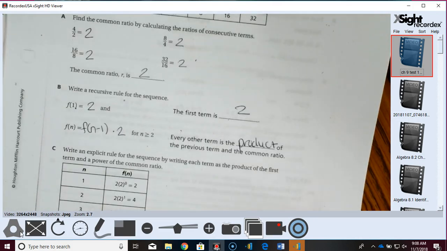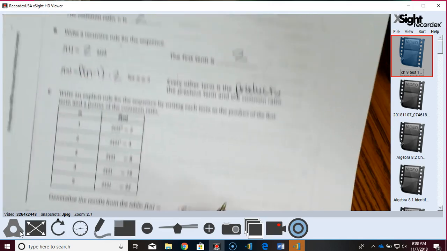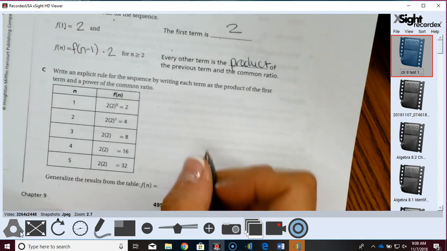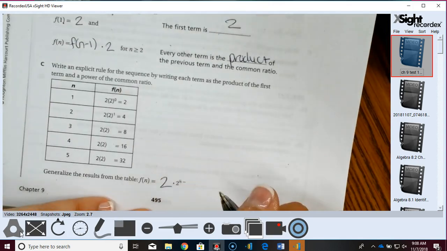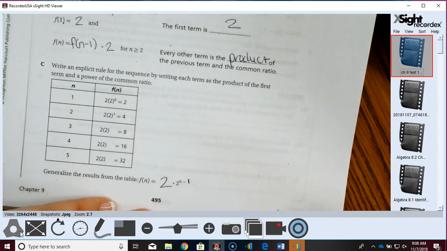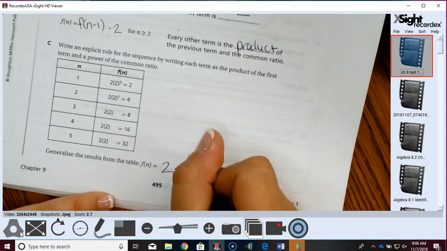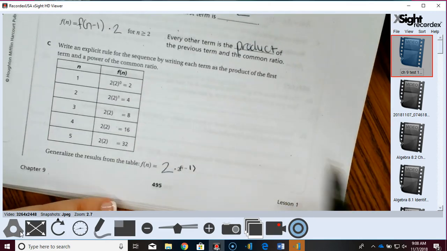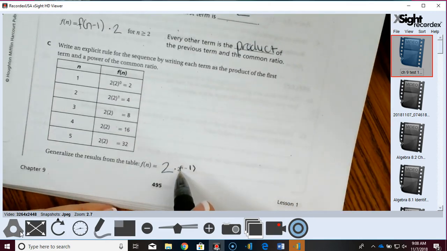Write an explicit rule for the sequence by writing each term as a product of the first term and a power of the common ratio. All right, so f of n equals 2 times 2 to the n minus 1. Basically what they're saying is you're multiplying times 2 to the n minus 1.